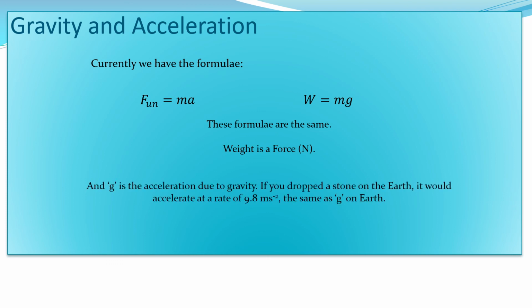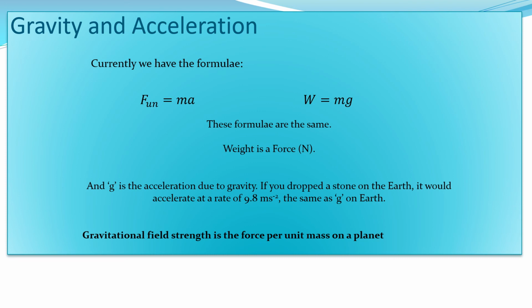And what this means is the g here in this equation, that is just the acceleration because of gravity. So if you dropped a stone on the Earth, it would accelerate at 9.8 meters per second squared because that's what gravity is. And so that means an actual other definition is that the gravitational field strength on the planet, the strength of the gravity, is the force per unit mass.